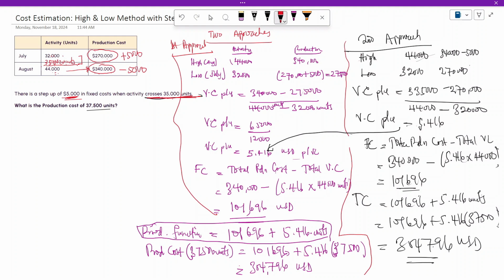That is the analysis that we've done, and that is the second approach that we did over here. Hope you understand what I did.